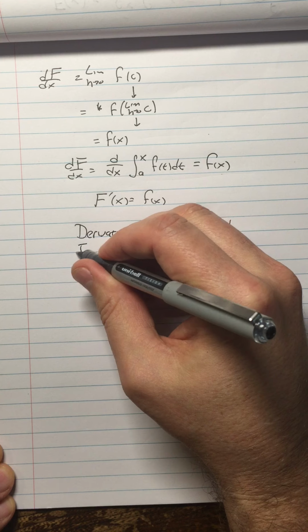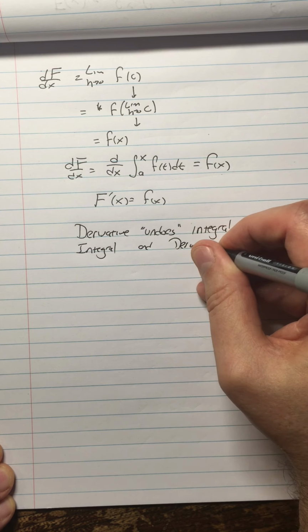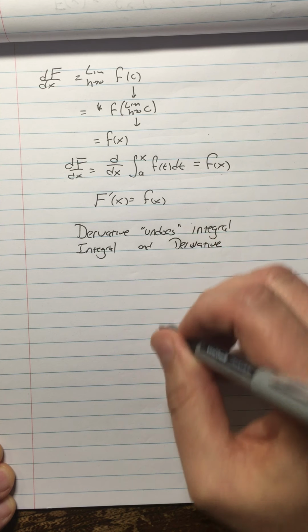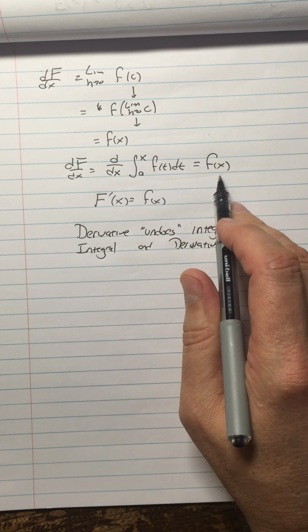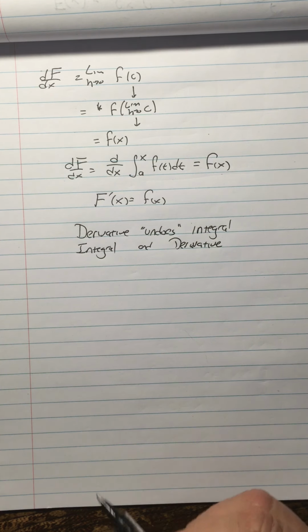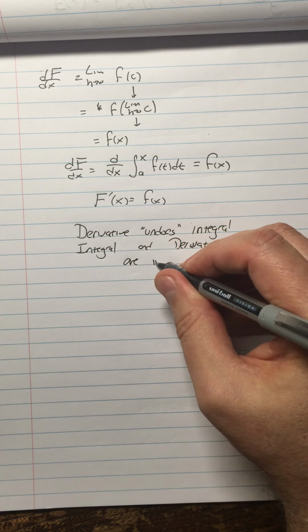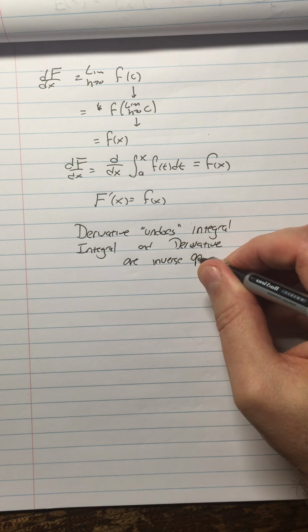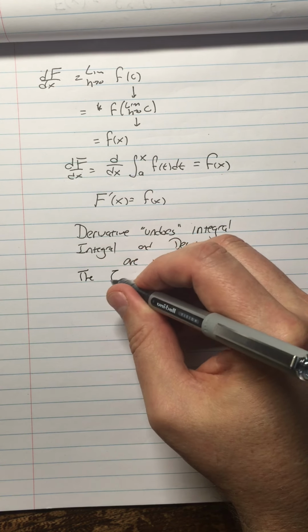So another way we can say that is that the integral and the derivative act like inverse functions, right? F inverse of f of x equals x. But integral and derivative, you can call them functions, but when we have functions whose domain and range are other functions, we often call them operators. So we can say integral and derivative are inverse operators.